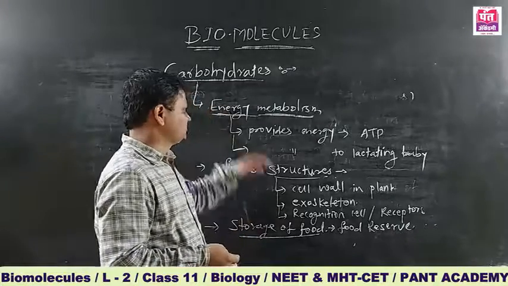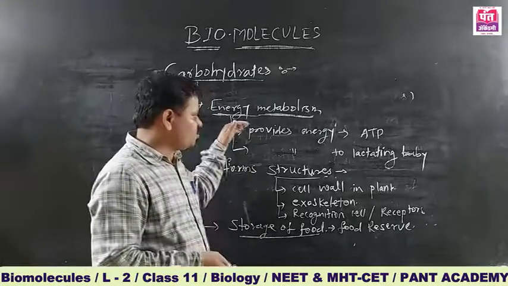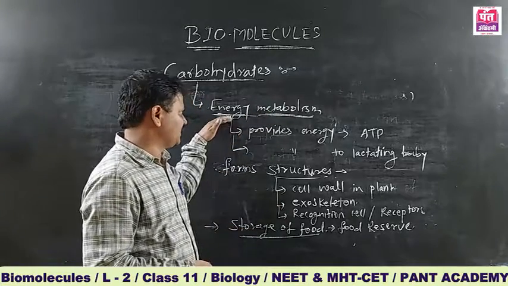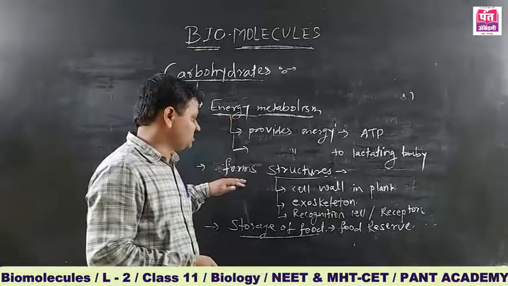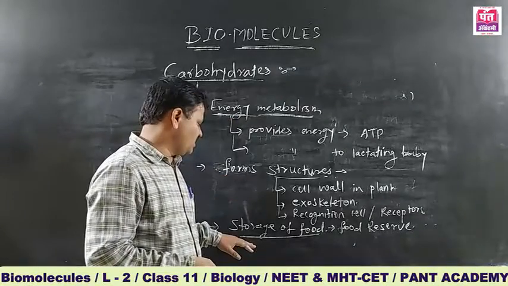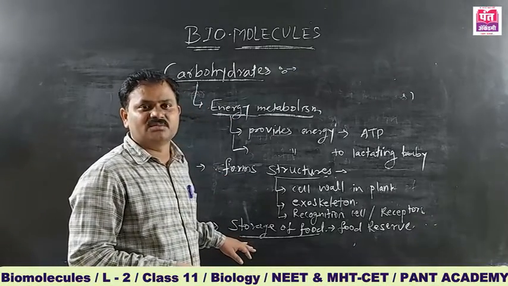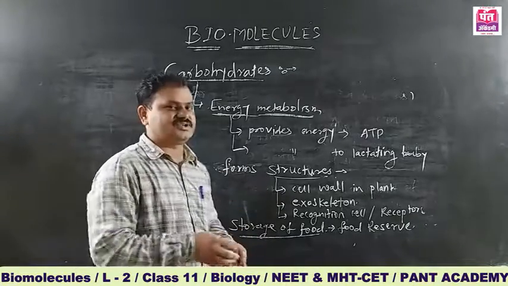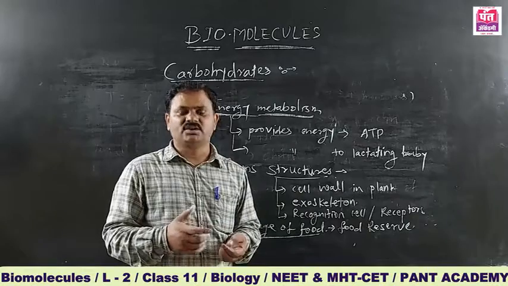Therefore these carbohydrates are involved in mostly three different functions: energy metabolism, formation of structures, and storage of food material in the body of a living organism. Therefore these carbohydrates are very important for living organisms.